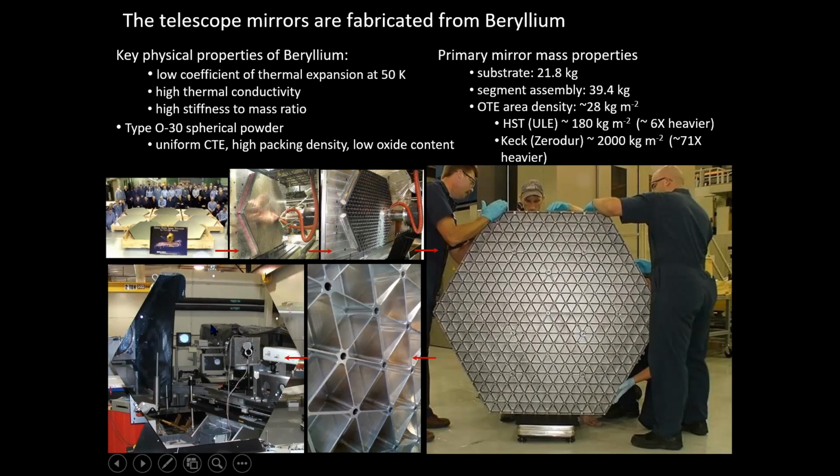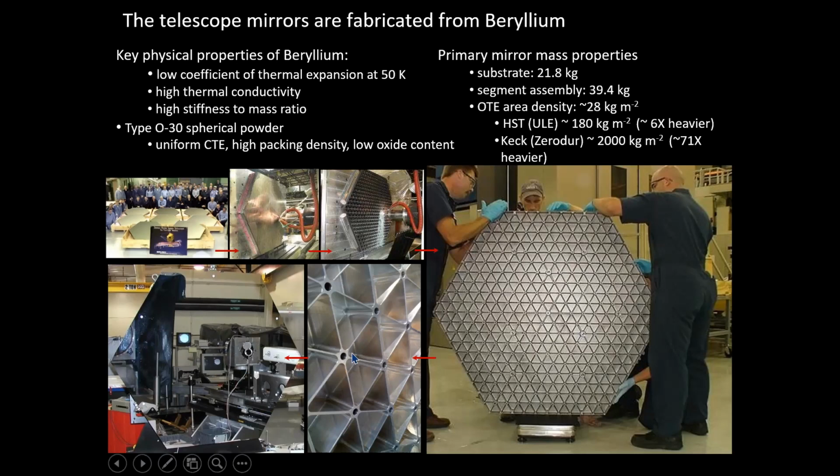You see laboratory equipment reflected in the front of the mirror here. And we do this because in anything that flies, whether it's an aircraft or a spacecraft, weight is really a premium. It's a driving engineering requirement to minimize weight. And the figure of merit here is areal density, mass per unit area.